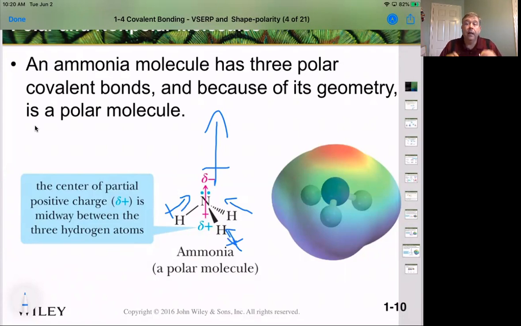So notice that we take each polar bond, figure out which direction it is pulling based on electronegativity, and then sum those bonds together to get the molecular polarity. So we have to add all the bonds together to get our molecular polarity. Okay.